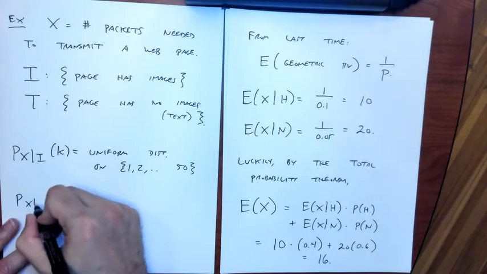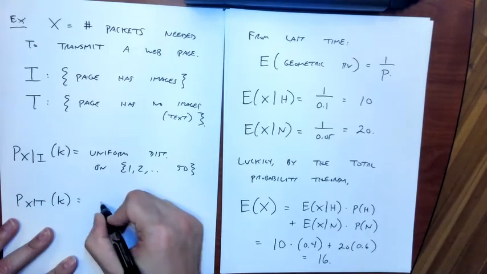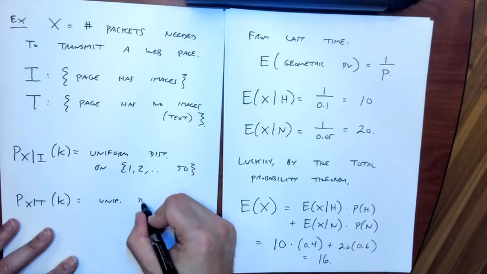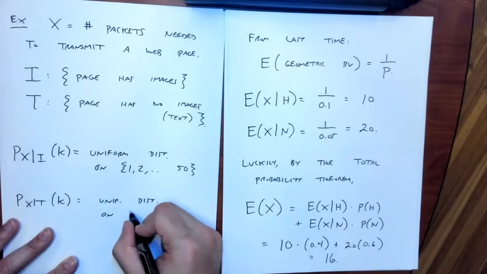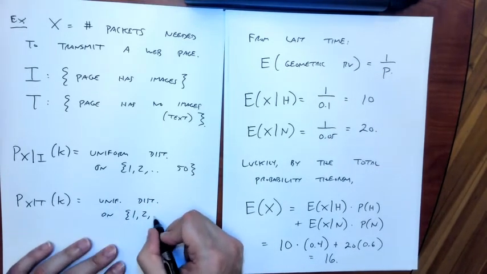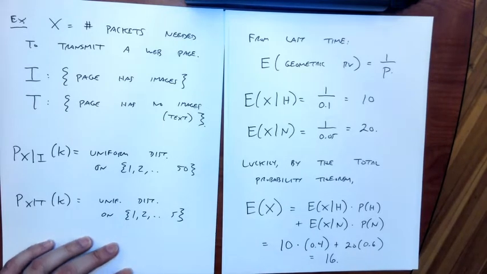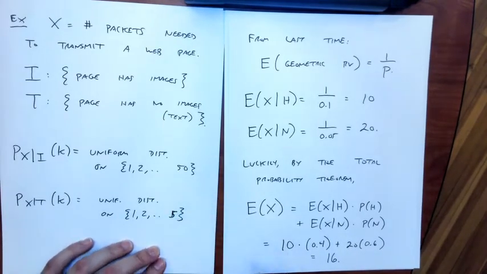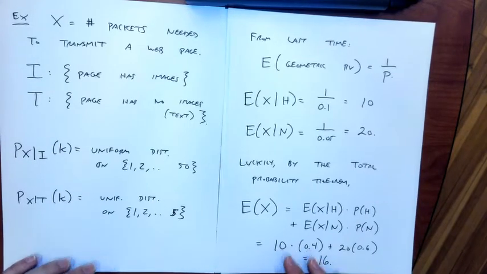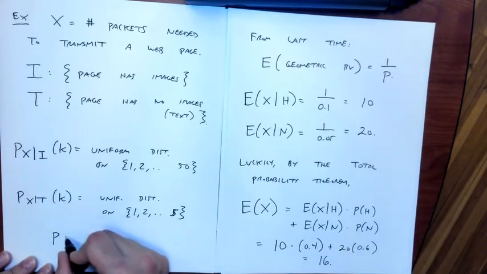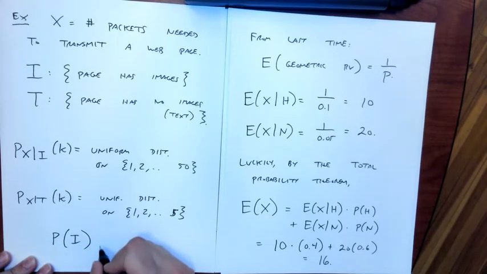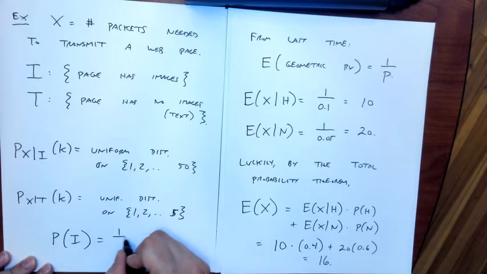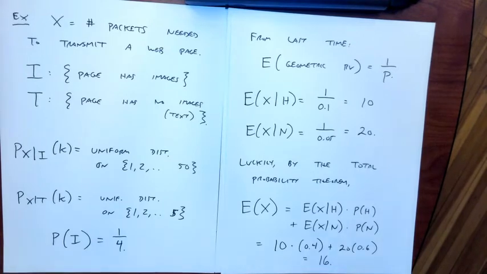And if it's a text web page, I'm going to say it's a uniform distribution on up to 5 packets, right? So a text page will definitely take, on average, a lot less to transmit than an image page. And I'm going to suppose, maybe not that realistically, that the probability that I have an image page is a quarter, right? So maybe this was from the days when I was in college, when we didn't have all these images on our web pages, right?